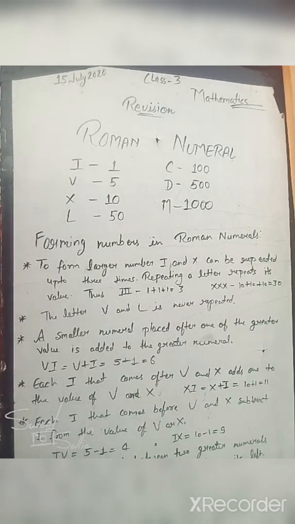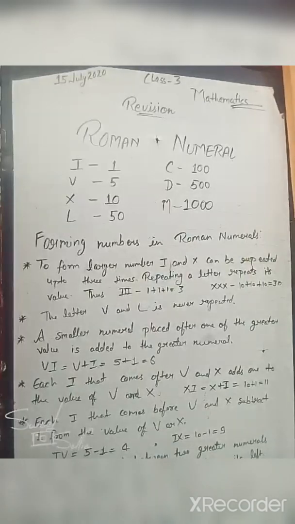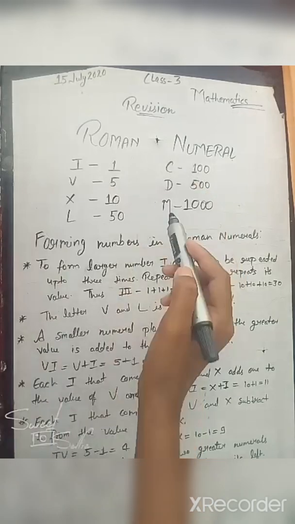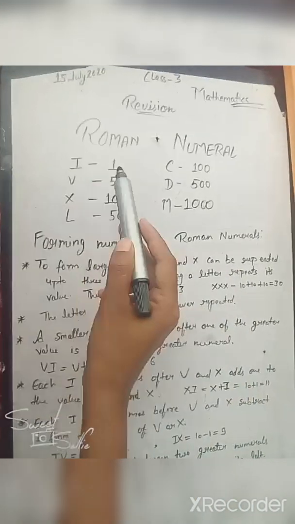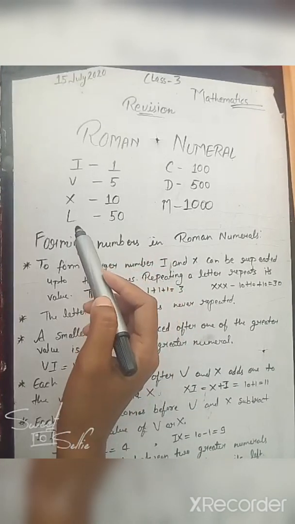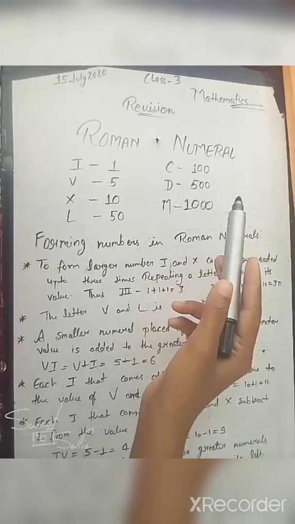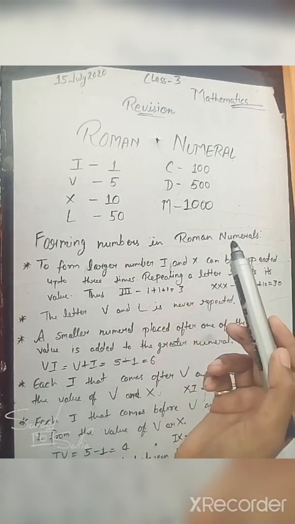पहले बहुत टाइम पहले रोम के लोगों द्वारा ये नंबर सिस्टम यूज़ किया जाता था, इसलिए इसको हम रोमन न्यूमरल बोलते हैं, क्योंकि उनके पास जीरो का नॉलेज नहीं था। हम जानते हैं कि जीरो की खोज भारत द्वारा की गई है, तो रोम के लोगों के पास जीरो का नॉलेज नहीं था, इसलिए वो नंबर्स को राइट करने के लिए इन बेसिक 7 अल्फ़ाबेट्स का यूज़ करते थे। So I represents 1, V represents 5, X represents 10, L represents 50, C represents 100, D represents 500 and M represents 1000.